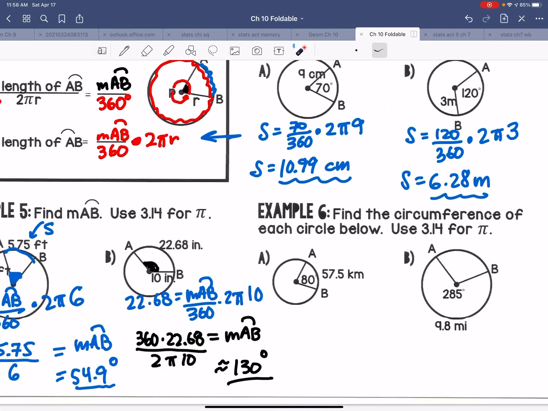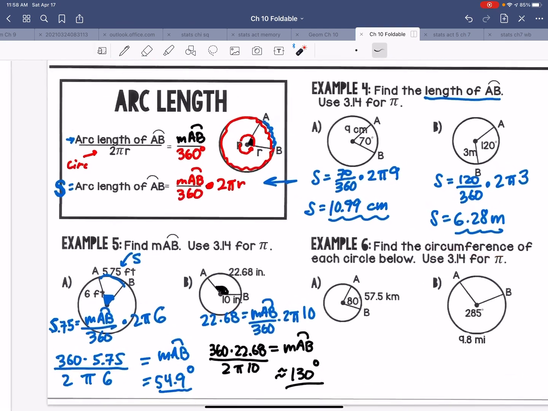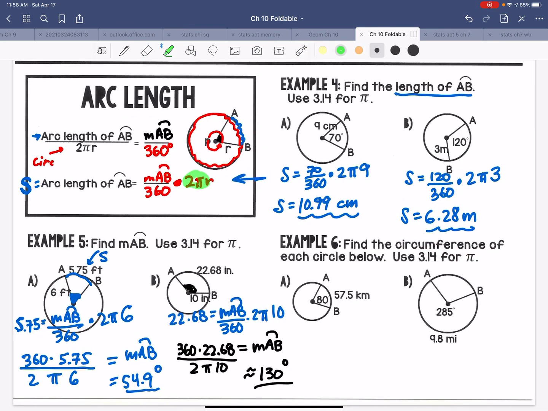Example 6, now they're asking for the circumference. So we want to be reminded that this was our circumference. We could also just put it back in the equation. The arc length is equal to the measure of an arc over 360 times your circumference. So the arc length is equal to this angle, 80 over 360, times the circumference, and that's what we're solving for.